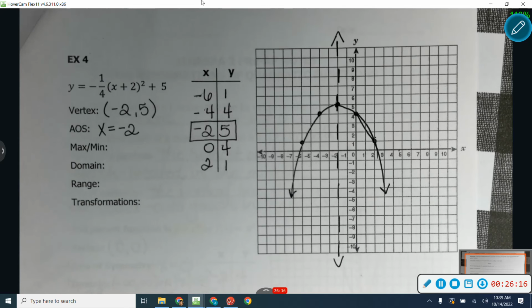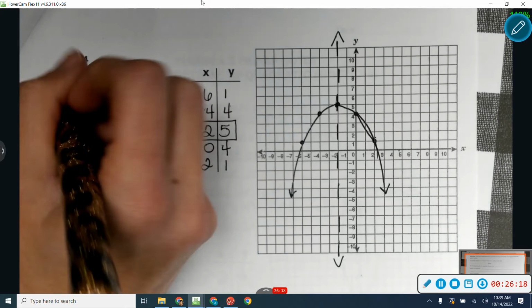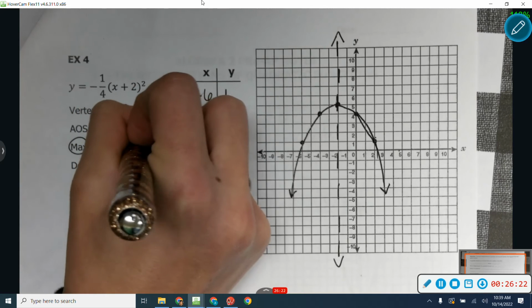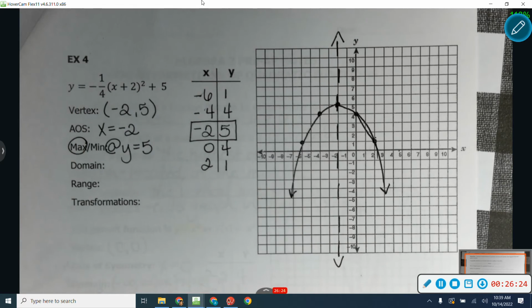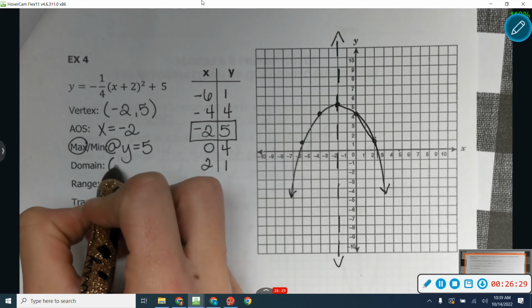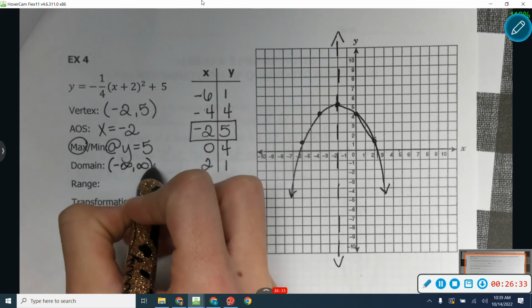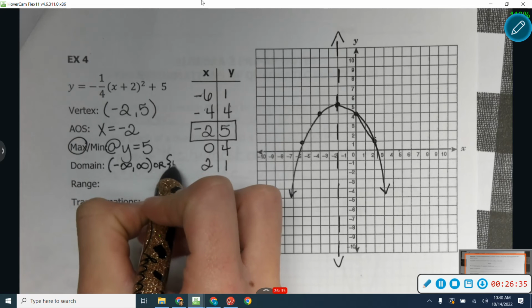Do I have a max or a min this time? I have a max at, very good. What's my domain?